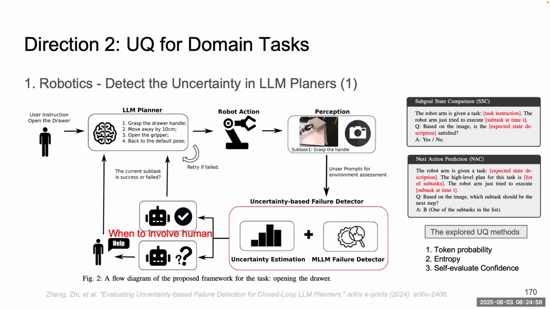So now they are detailing the failure detection into certain sub-goals, and this failure detector is uncertainty-based. They are using different uncertainty quantification-based methods like token probability, entropy, and self-evaluated confidence to measure whether this failure is actually a failure or not.